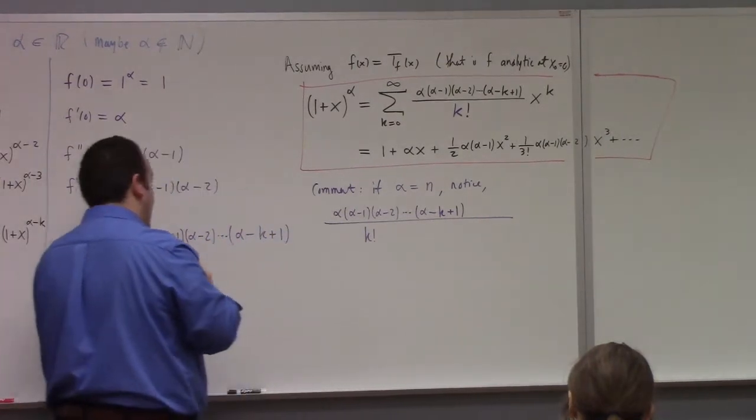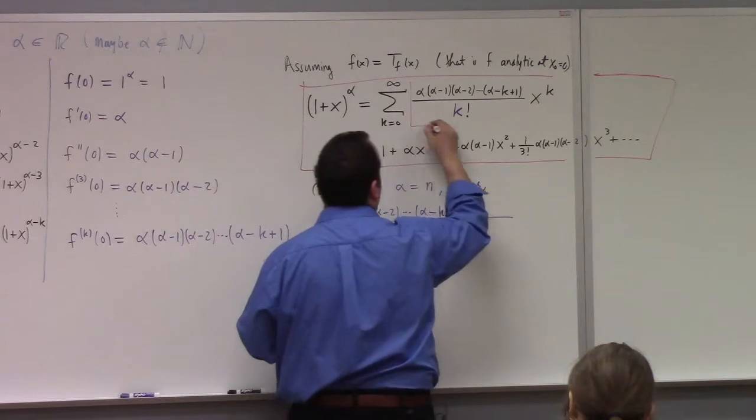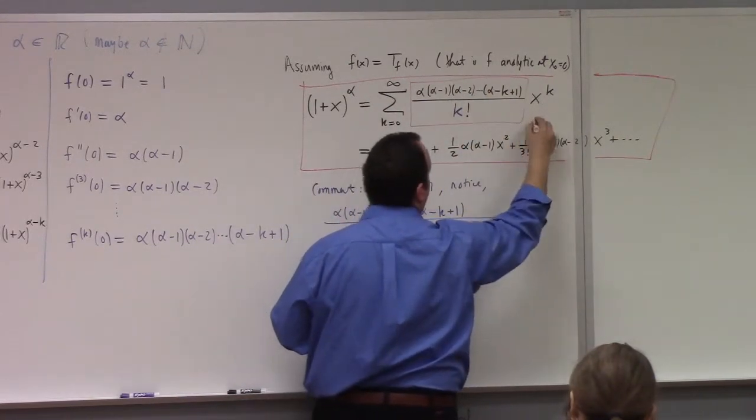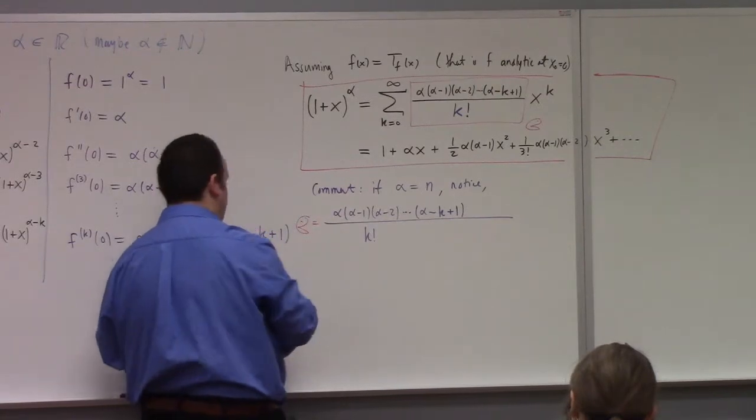Let me give that a name because I don't want to write it again. I'm going to call that whole thing right here Pac-Man. So Pac-Man is equal to this, right?